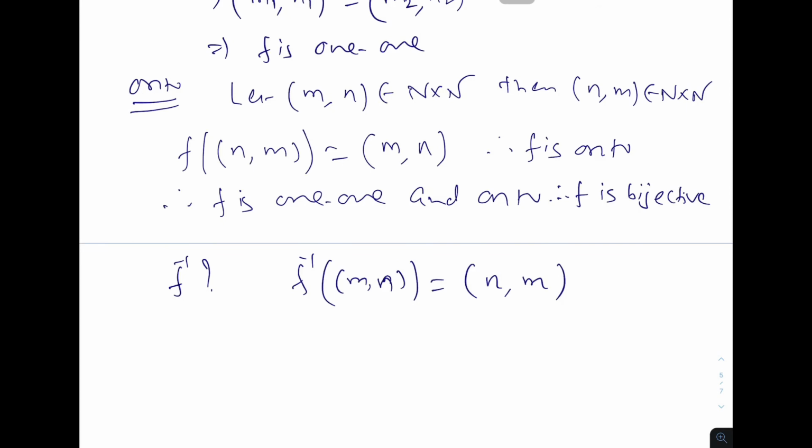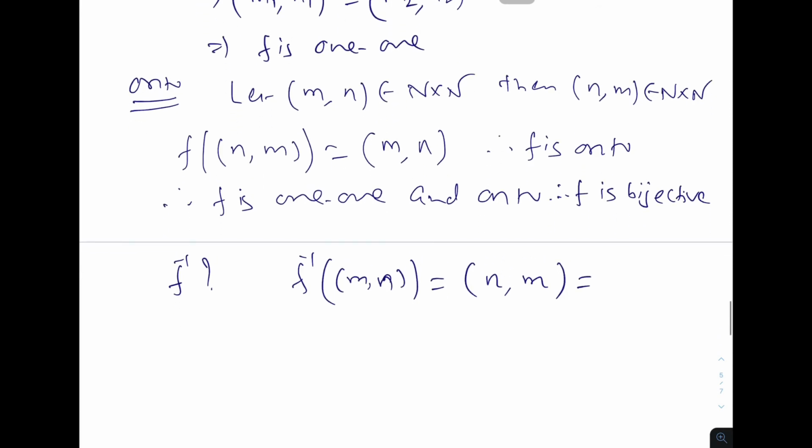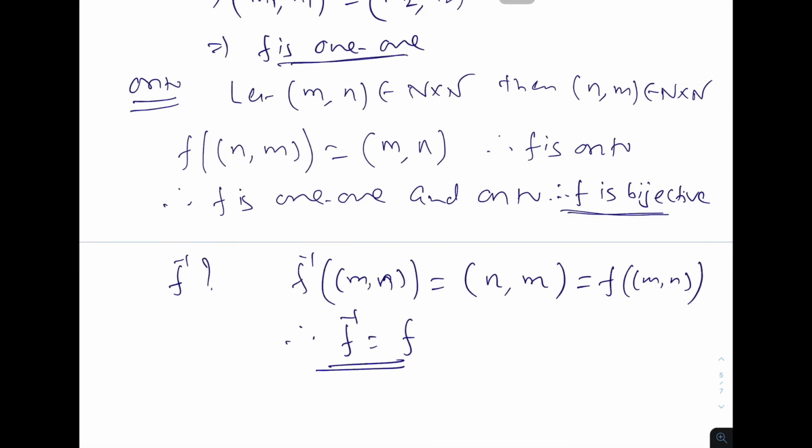So F inverse of (m, n) is (n, m), that means that is nothing but F of (m, n). So in other words, you can say that F inverse is nothing but F itself. So these are the kind of answer options that you may have.